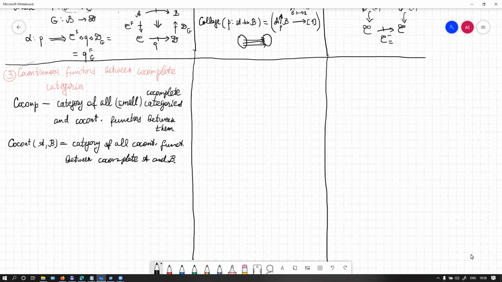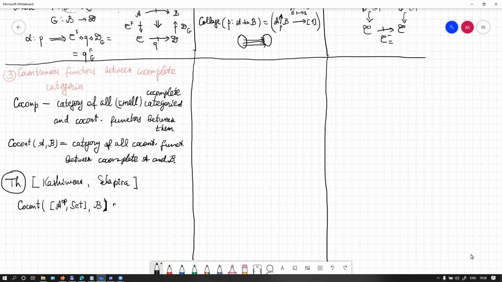There is a very powerful theorem that tells us, so you can find it in the book of Kashiwara and Schapira about categories and sheaves, which tells us that co-continuous functors from the category of pre-sheaves on category A to an arbitrary category B is equivalent to a functor category from A to B. Isn't that beautiful?